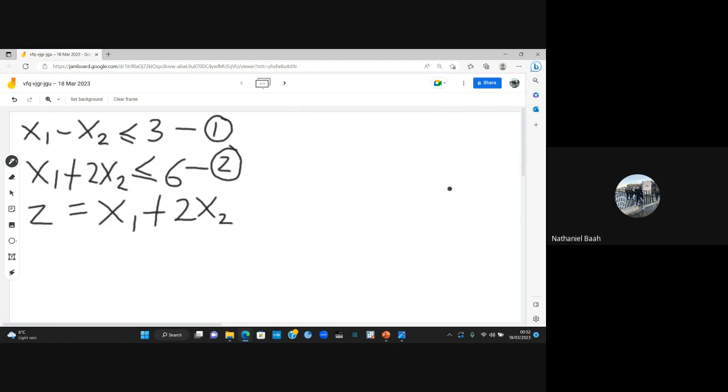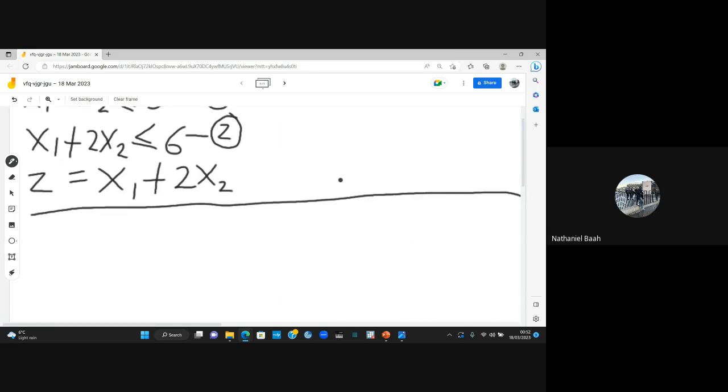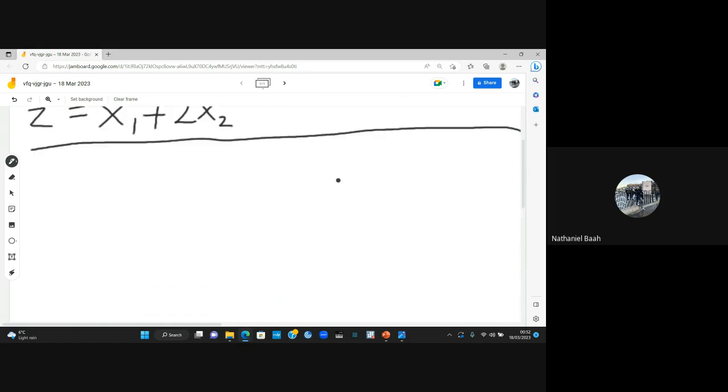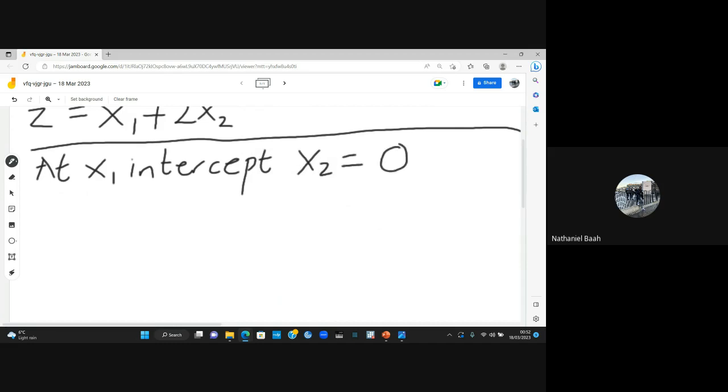In order to do that, we are supposed to first find the intercept. So first, say at x1 intercept, x2 is equal to 0.